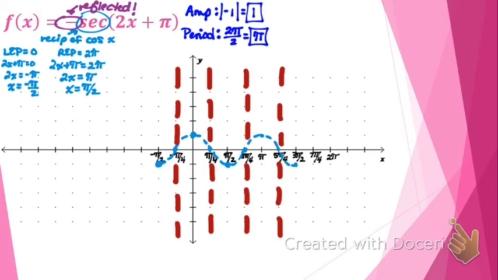Do I have an asymptote that falls right on the y-axis? No. So if I don't have an asymptote that falls right on the y-axis, I've got to name one of them and then do plus and then however far over I count to get to the next one. Give me the first one to the right of the y-axis. Pi over 4.